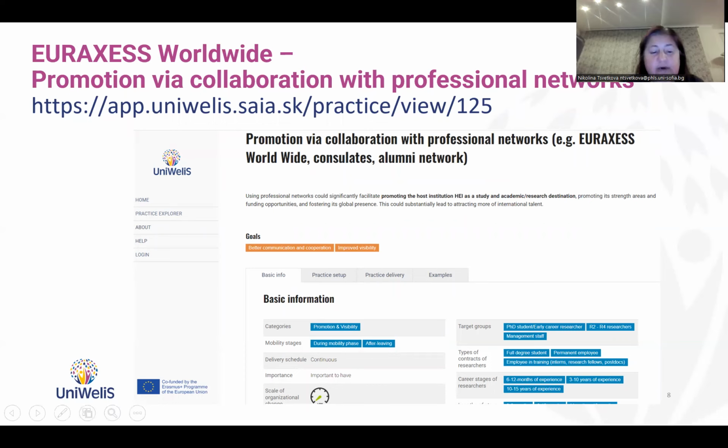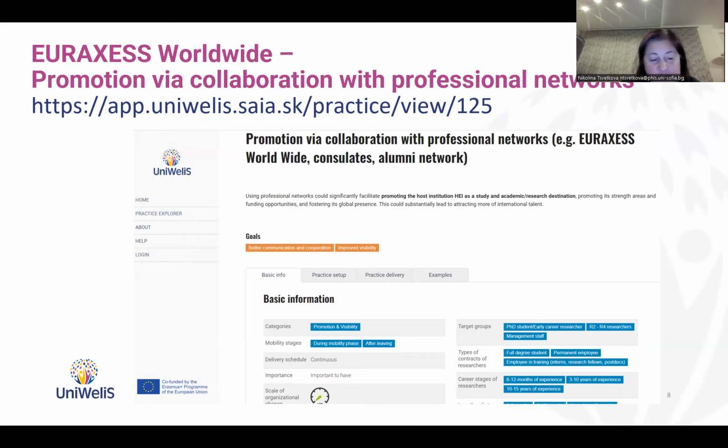Using professional networks can significantly facilitate promoting the host institution, higher education institution, as a study and academic destination, or a research destination, promoting its strength areas and funding opportunities, and fostering its global presence.